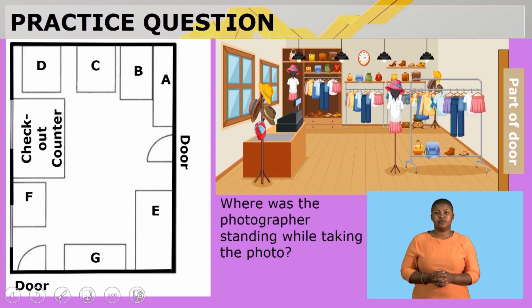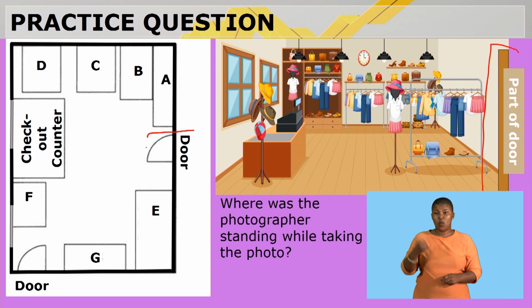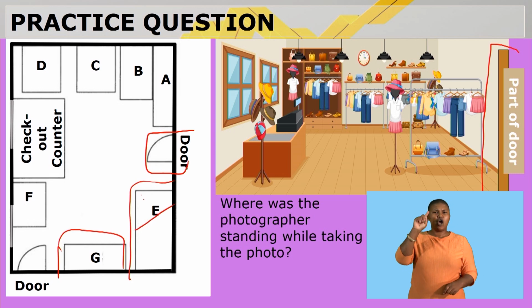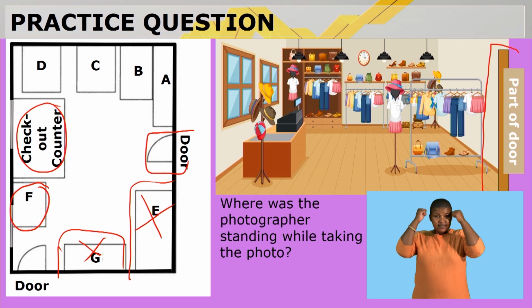Now, where was the photographer standing while taking the photo? Again, let's look at what we've got. We have got part of the door there. We can't see G or E, so we can't see that. We can see the hats. We can see the checkout counter.